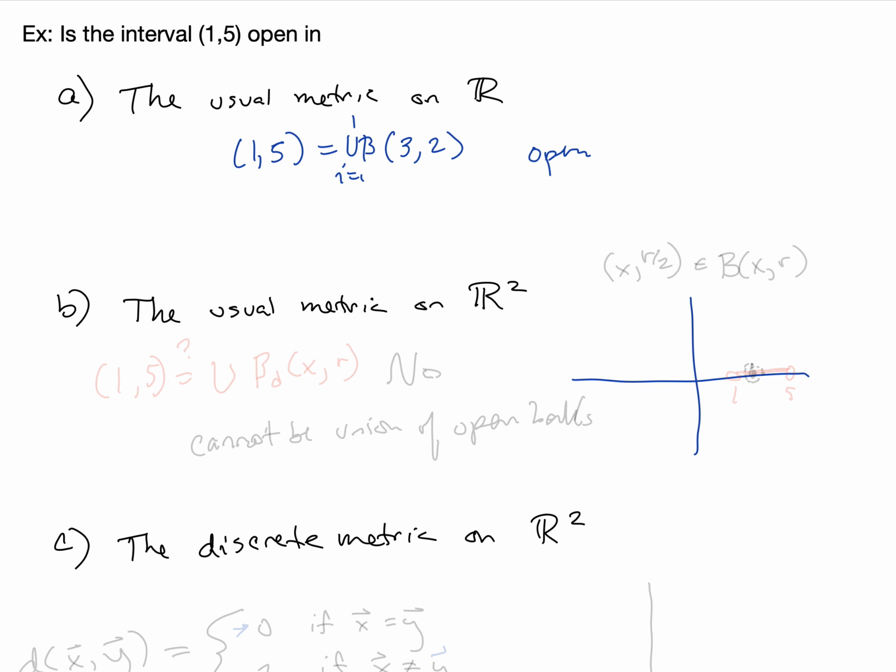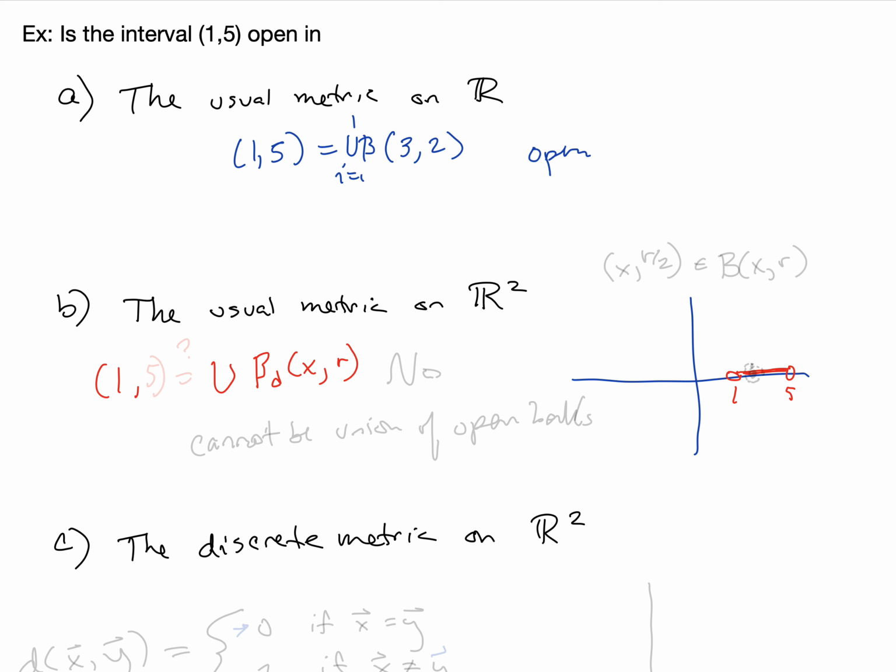So let's think about this. If we think about this set as a subset of R squared, this interval from 1 to 5, and let's think about, if it is a union of open balls, then it's things of the form, ball around some point x of radius r, whatever radius, and it would be a union of things like this.